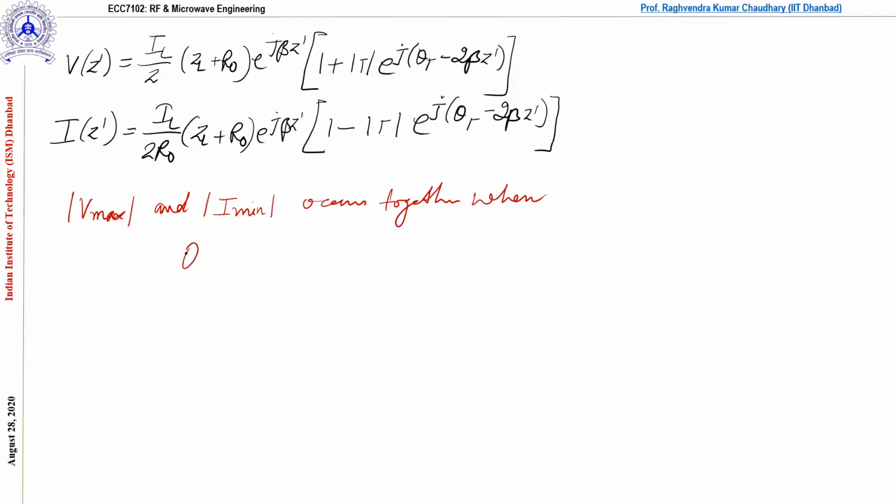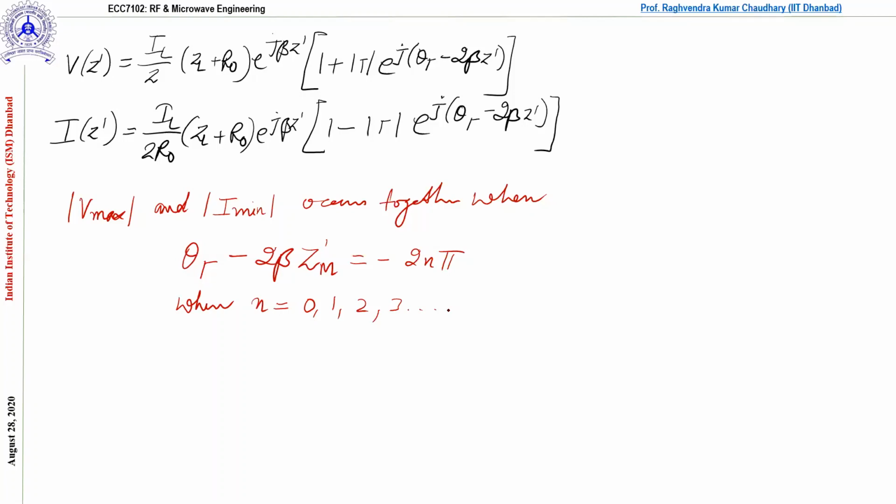Yes, this is theta gamma minus 2 beta Zm dash is equal to minus 2n pi, where n is equal to 0, 1, 2, 3 like that. Correct. This is one thing.